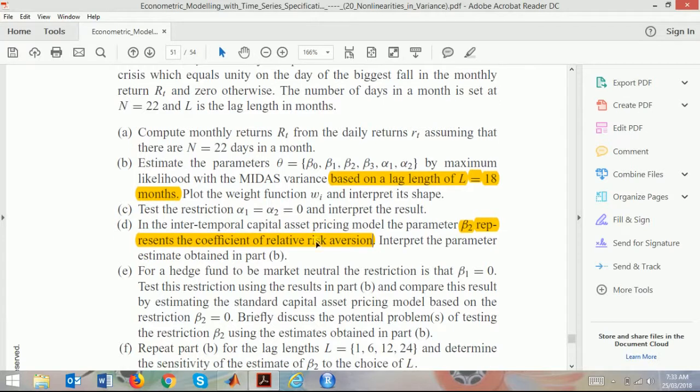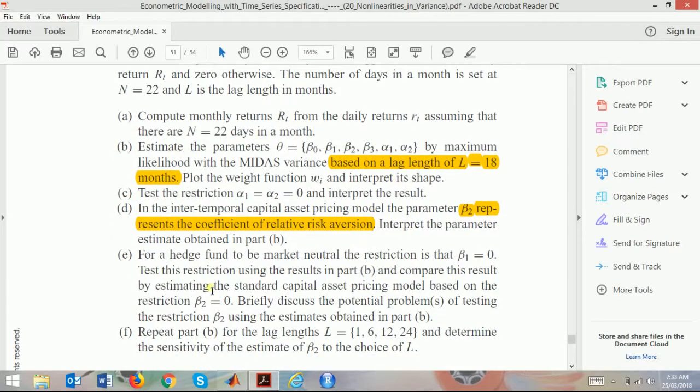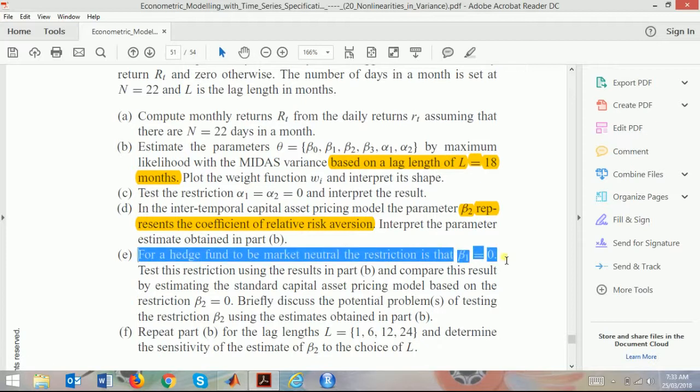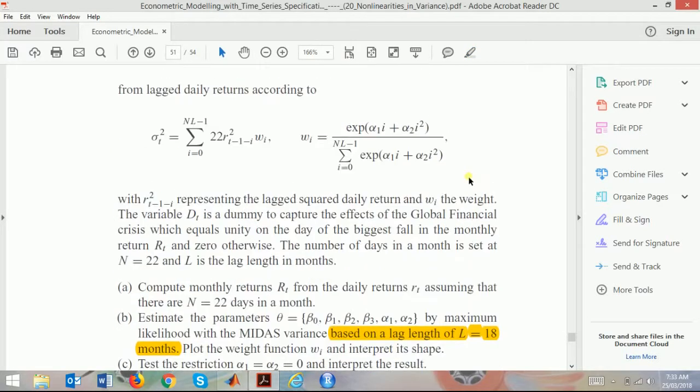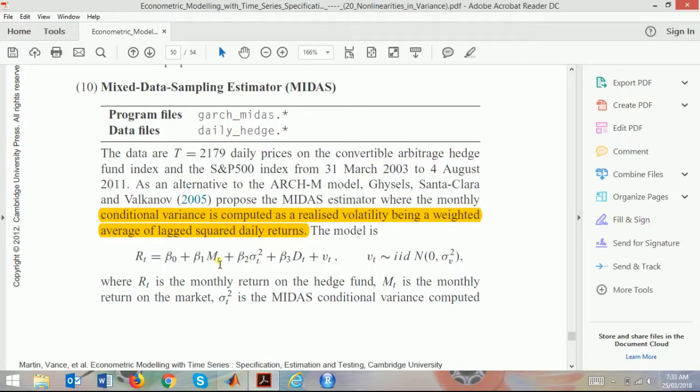Interpret the parameter estimate obtained in part B. Okay, fine. For a hedge fund to be market neutral, the restriction is beta 1 equals 0. M is the monthly return on the market, and if the hedge fund is market neutral, then this term turns to 0.